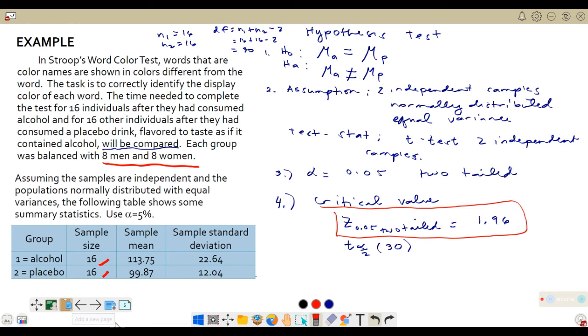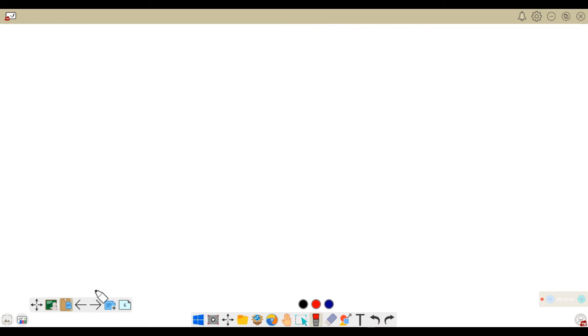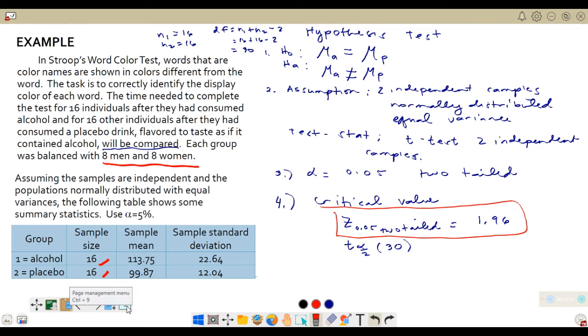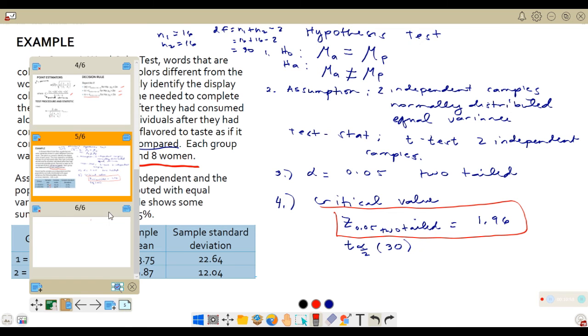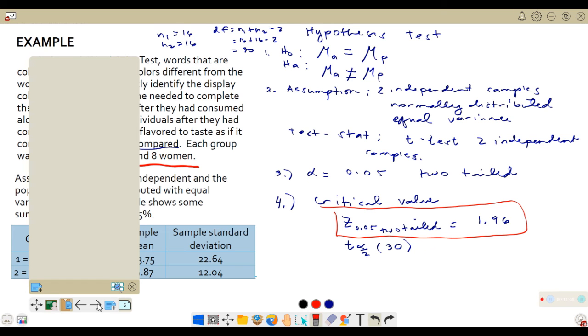Now let's go to number 5. So for number 5, sa number 5, magpe-perform na tayo ng computation.